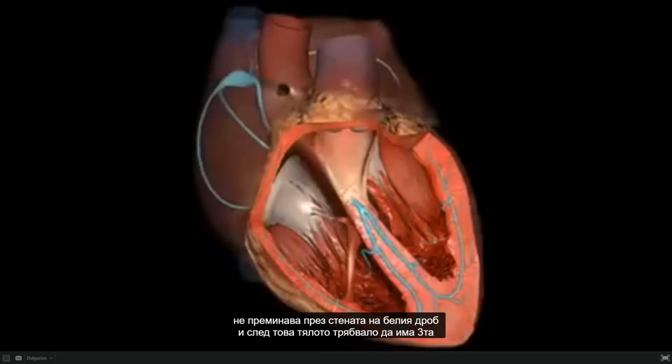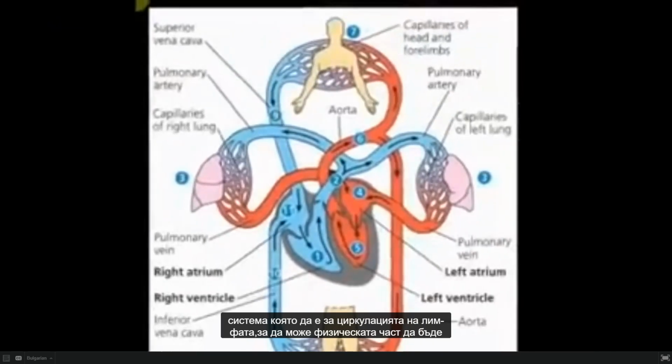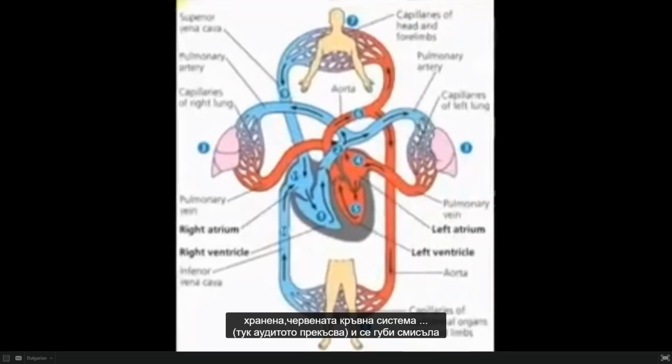And then the body must have a third system, which is for circulation of the lymph, so that the physical part could be fed. The red blood system was a fourth entity of the emotional, for the nerve system, which was part of it.